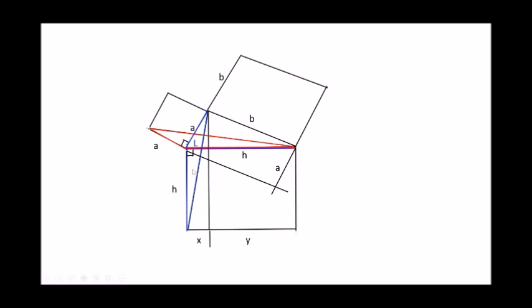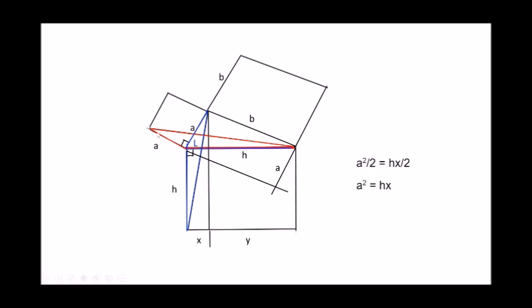Now let's have a look at the area of the other triangle. What we see is that the base can be H. If the base is H, the perpendicular height, this time it is fairly obvious, is X. And so the area of this triangle is HX over 2, half the base times the perpendicular height.